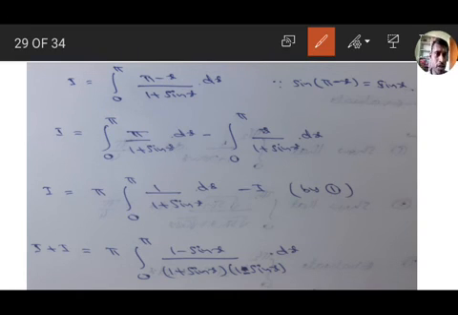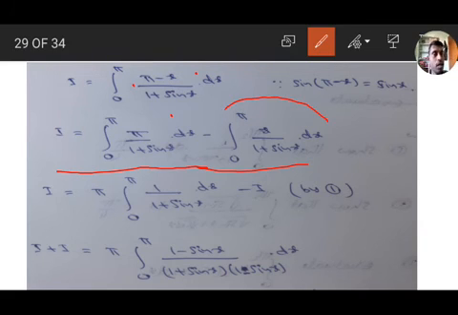Next, it can be separated into two integrations, pi by 1 plus sine x and minus x by 1 plus sine x. So I equal to integration 0 to pi of pi by 1 plus sine x dx minus integration 0 to pi x by 1 plus sine x dx.